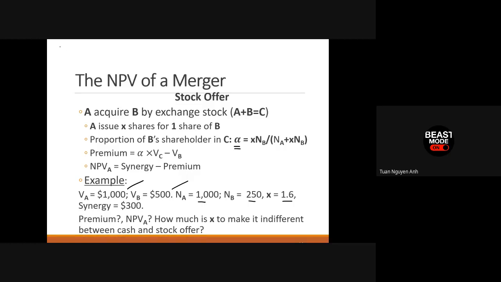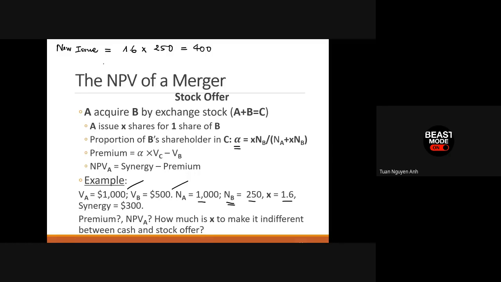So the number of new shares we have to issue equals 1.6 multiplied by the number of shares of the acquired firm. Okay, how much? 1.6 times 400, equals 640.